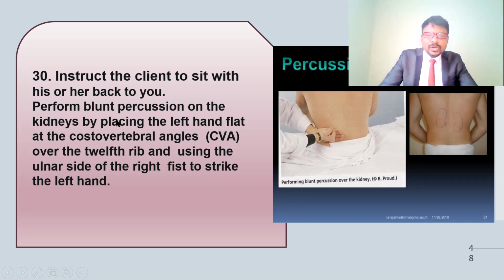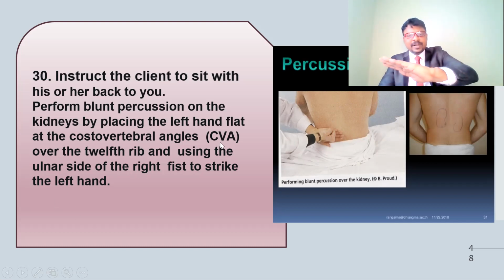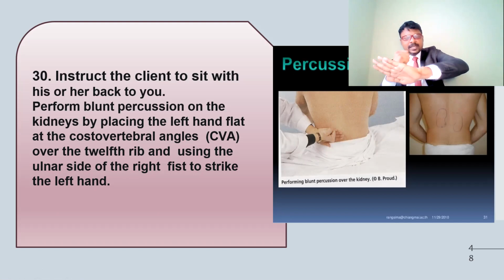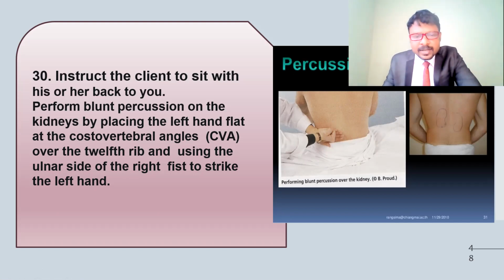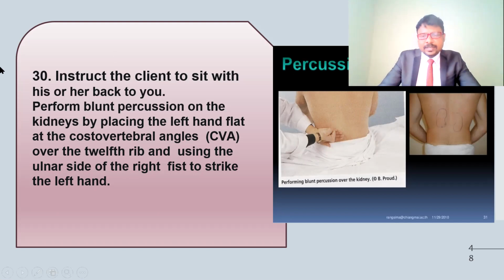Over the 12th rib, using the ulnar side of the right fist, we strike the left hand placed there, giving a blunt percussion. That is the special technique here in abdominal examination.